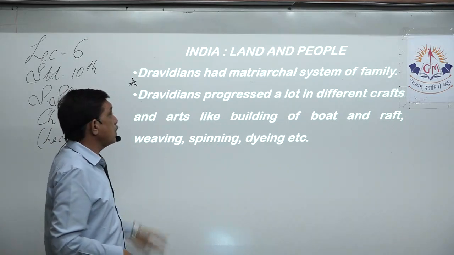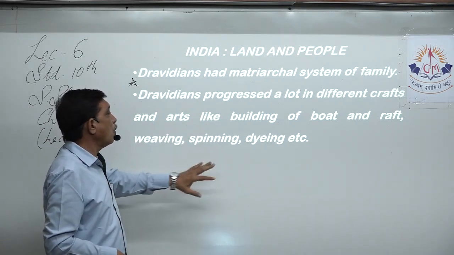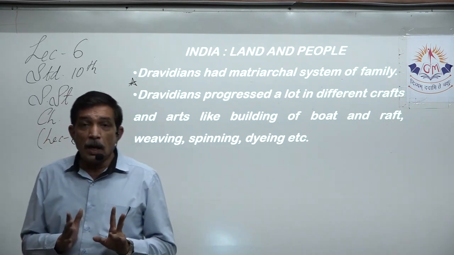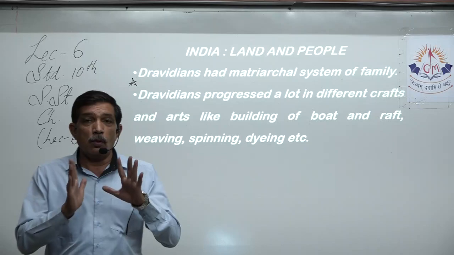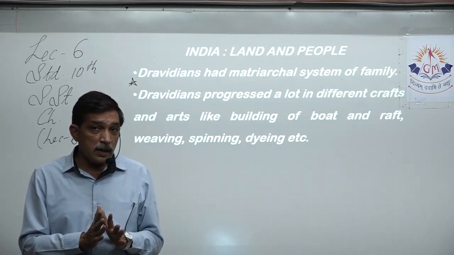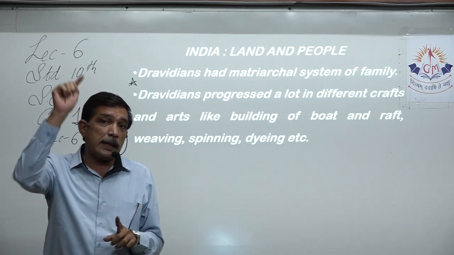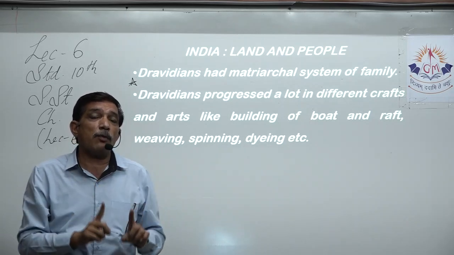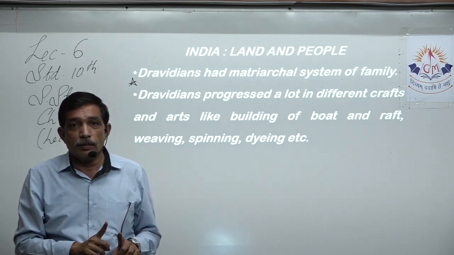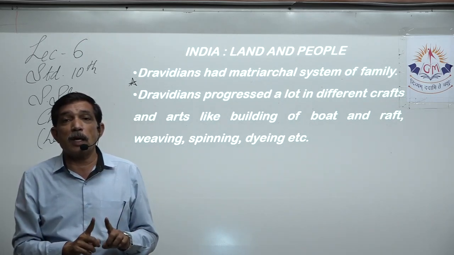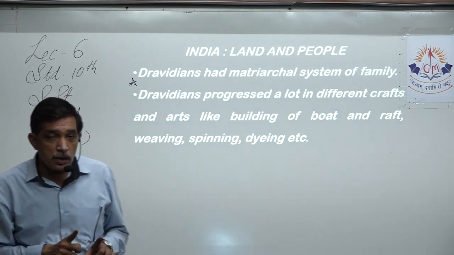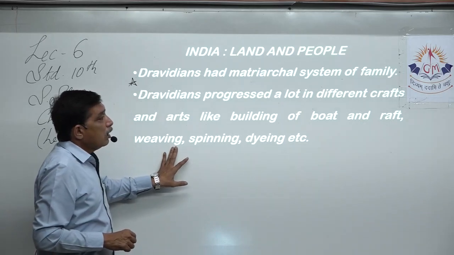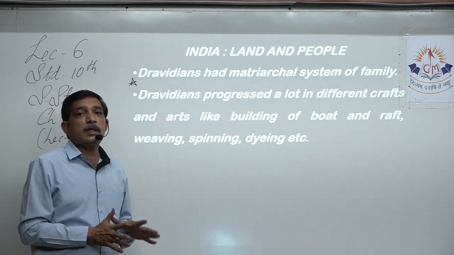Dravidians progressed a lot in different crafts and art, like building of boat, raft, weaving, spinning, dyeing, and this should be in your answer. Now mind you, if we are talking about Dravidians, if we call them the direct descendants of the Stone Age, if we call them the creators of Mohenjo-Daro, a civilization, Indus Valley civilization, which is considered 5,000 years old, then lots of things must be discovered by them.